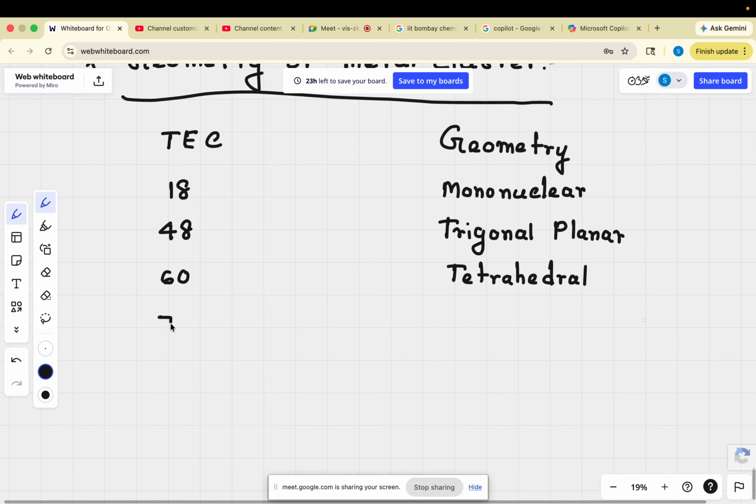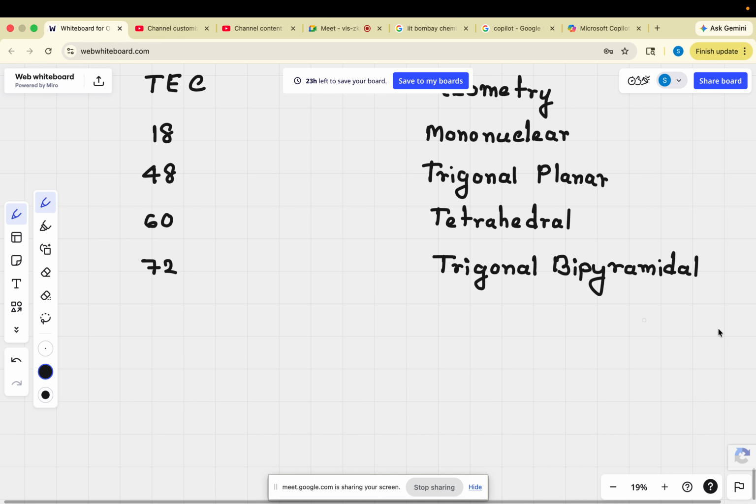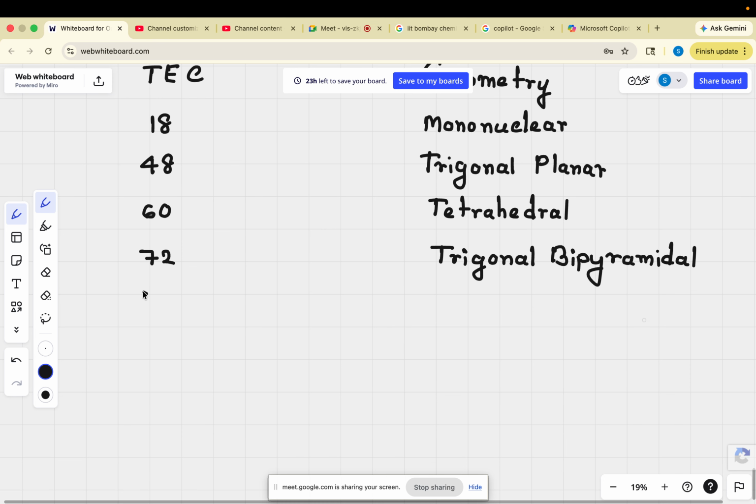If this value is 72, that time it will be your trigonal bipyramidal, which is your TBP. If this value is 74, that time it will be your square pyramidal.